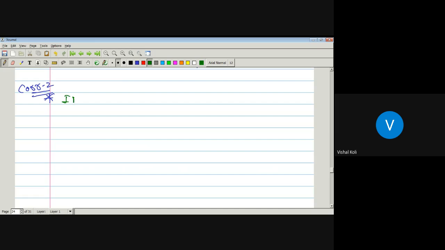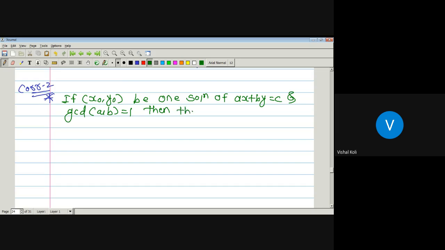If x naught, y naught be one solution of ax plus by is equal to c and GCD of a, b is equal to 1, then the other solutions are in the form of x dash is equal to x naught plus b into t, and y dash is y naught minus a into t.